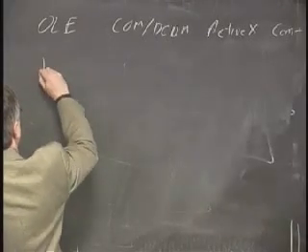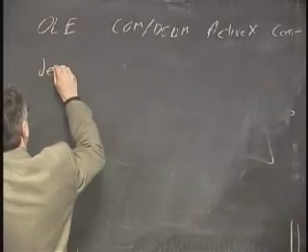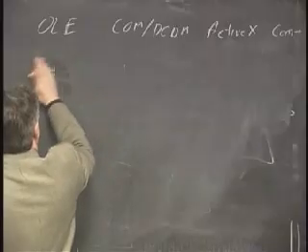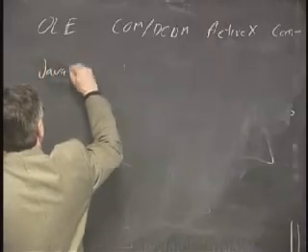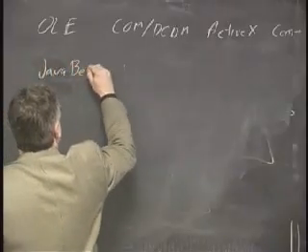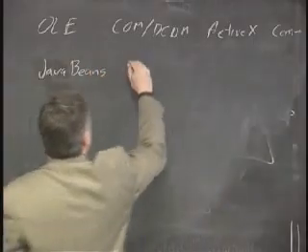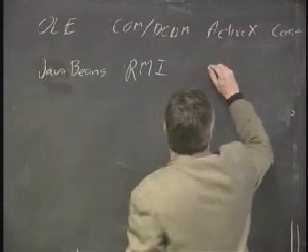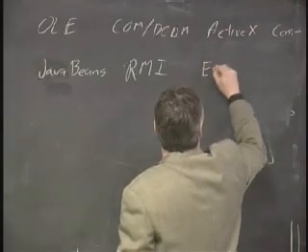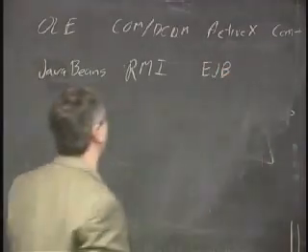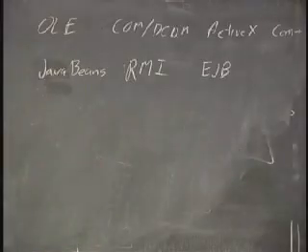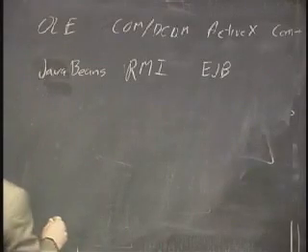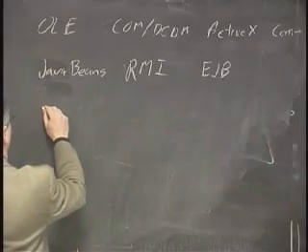There's the Java versions of these, which are, yikes, Java Beans, RMI, Remote Method Invocation, and EJB, which we won't talk about too much. And then finally, there's a bunch of technology put out by OMG.